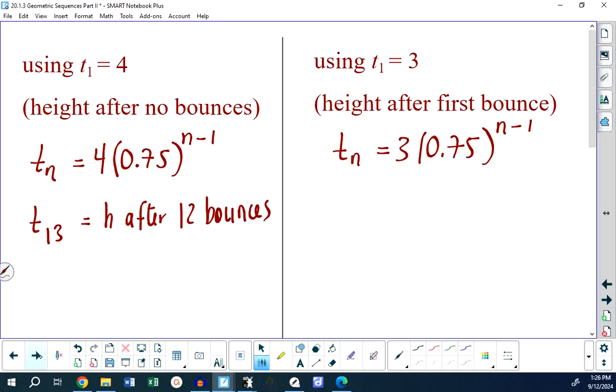Whereas since I've lined things up logically here that T1 is the height after 1 bounce, here T12 will be the height after 12 bounces. And some of you are going to understand why we're going to get the same thing. And it's going to happen pretty much as soon as I write the following.